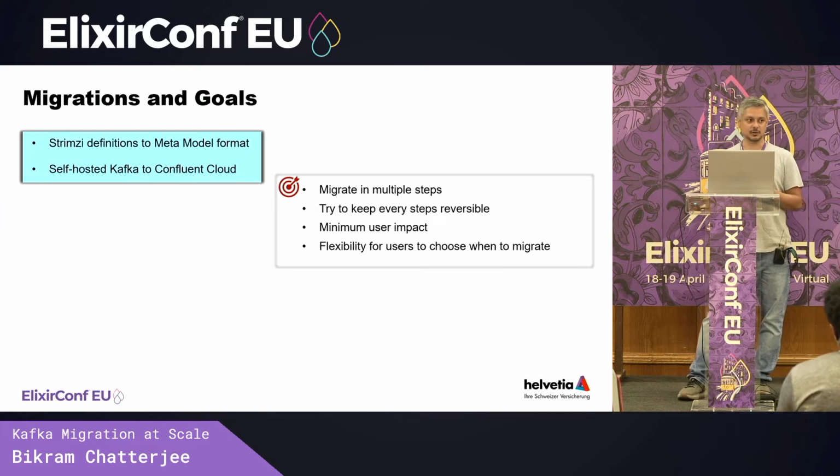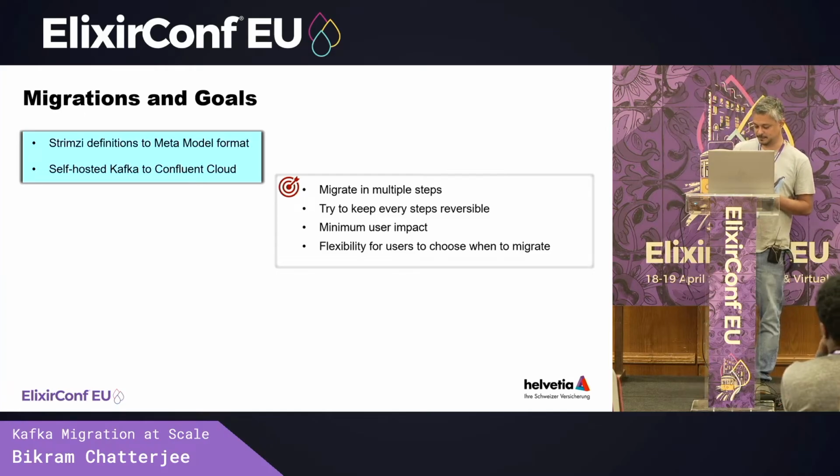Instead, we decided to migrate in waves. This made every step a little bit reversible, so it's not a complete rollback, but you can quickly fix problems as you go forward. It gave minimum user impact, and gave the user very good flexibility to choose when they want to migrate, when they are migration ready.